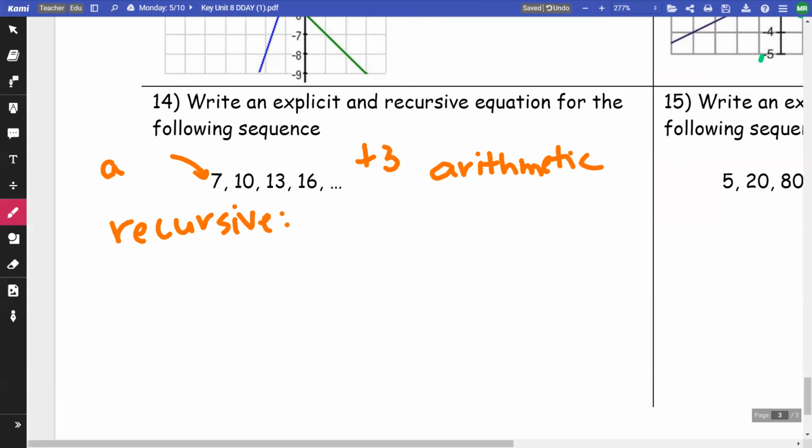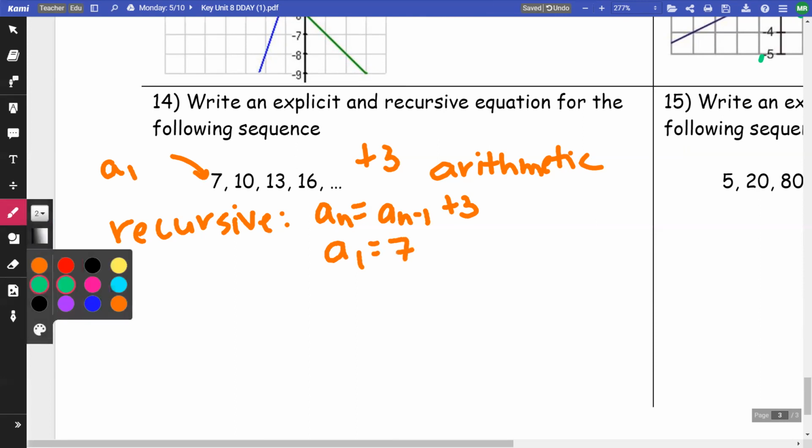That is not my a sub 0, that's my a sub 1. Okay, so we've got to be careful. So for this, we are going to be doing a sub n is equal to a sub n minus 1, and then we are adding 3. And the very first term that I'm starting with is a sub 1 is 7.